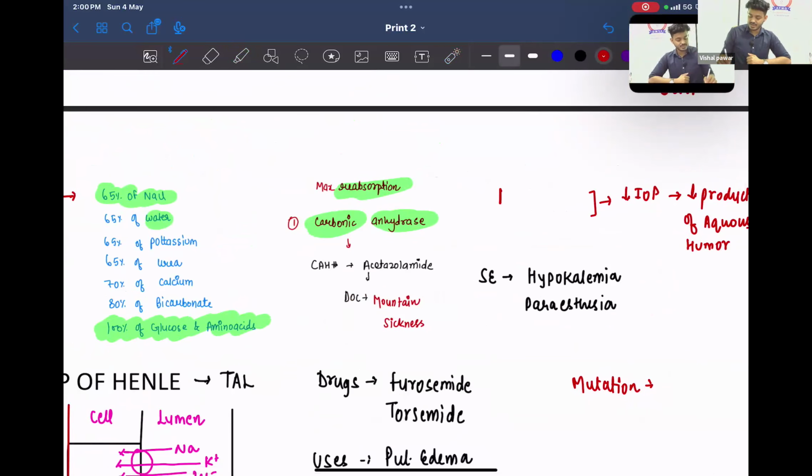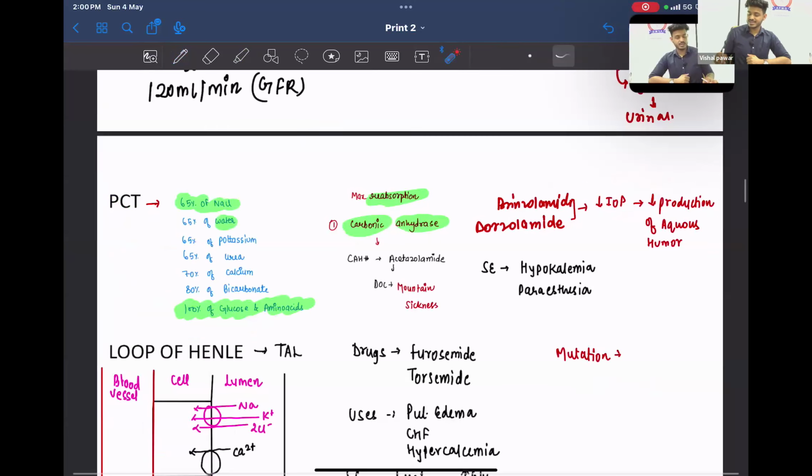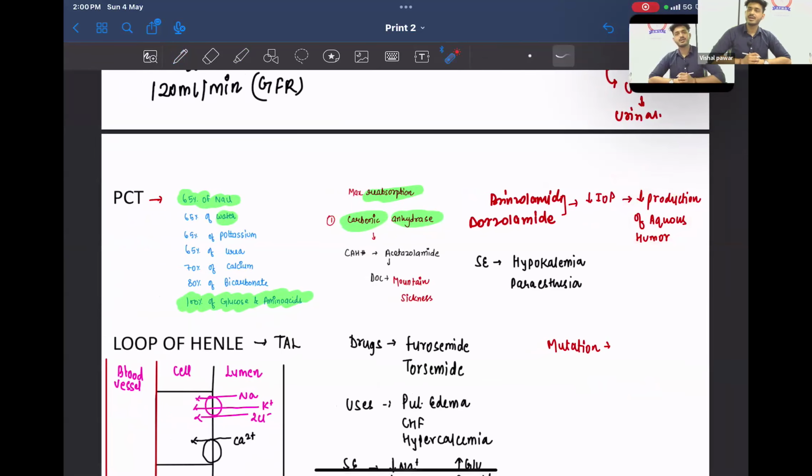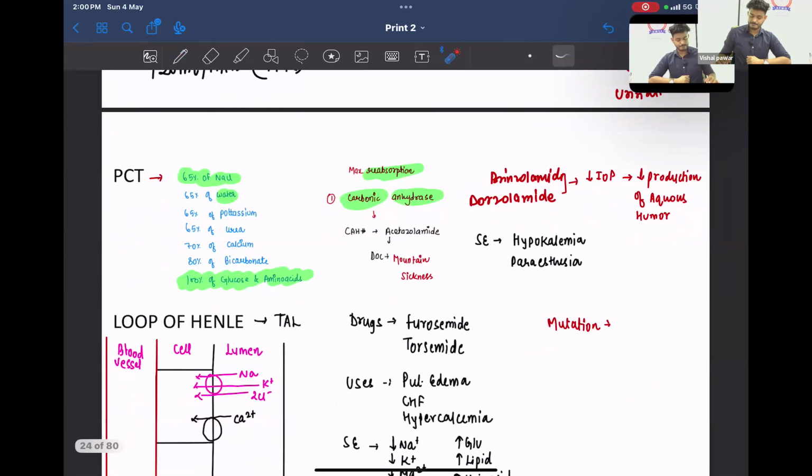What are the other drugs you can use? These are going to be brinzolamide and dorzolamide. They can be used to decrease the IOP in the children, right? We can also use these drugs. Two questions you have to remember: 80% of bicarb, 70% of calcium, and 100% of glucose and amino acid.